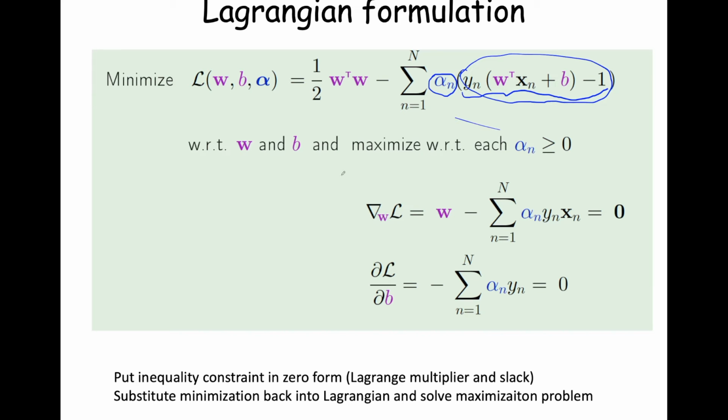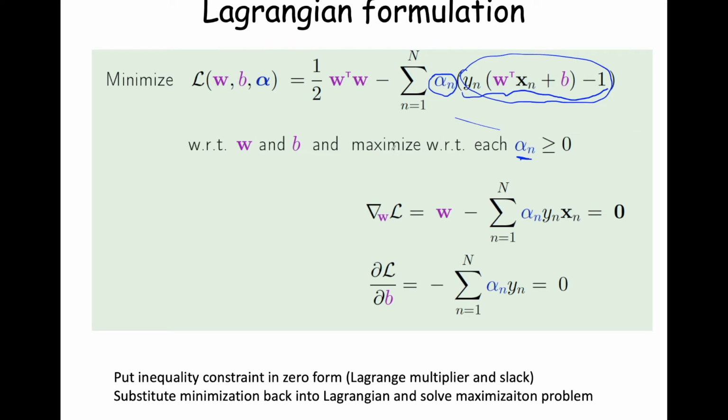Now, we said we take this expression, the Lagrangian, sometimes called the primal formulation, and we solve this minimization problem by setting the gradient with respect to our variables of interest, W and B, and then we take these results from this minimization problem with respect to W and B, we substitute back in to this Lagrangian to get the dual formulation, and that resulting dual formulation we maximize with respect to these alphas.